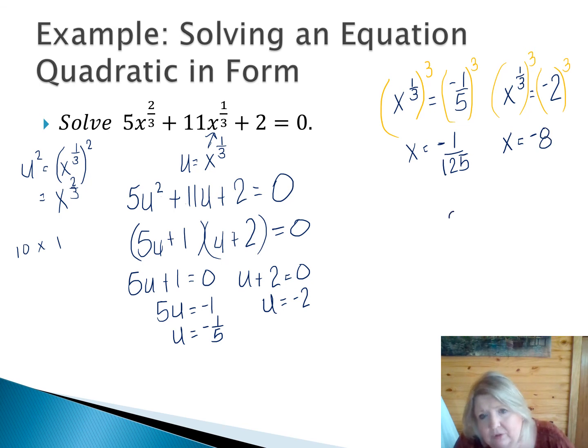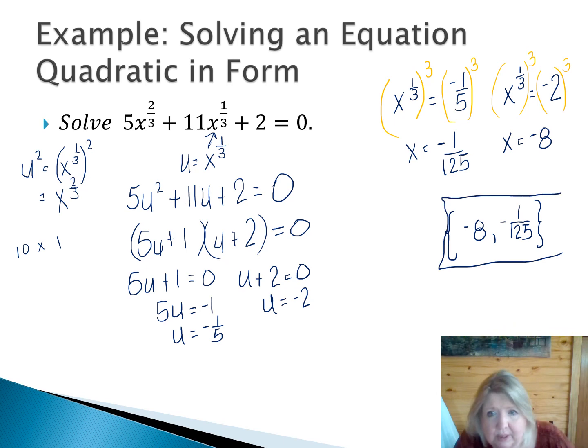So I have 2 possible answers, negative 8 and negative 1/125. So even though these problems look really bad, if I use substitution, they turn out not quite as bad as they looked.